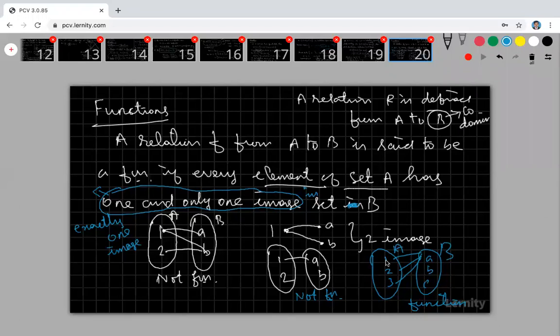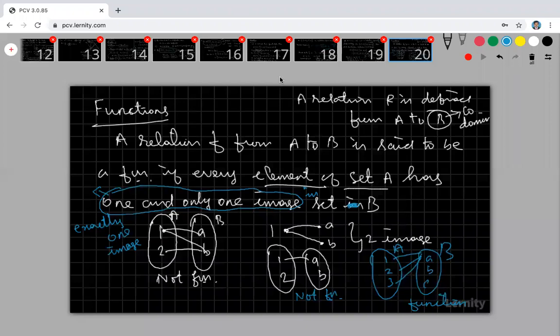So therefore, each and every element in the first set A is related to exactly one element in B, then that relation is a function. Are you okay? Now are you clear? Yeah, very good.